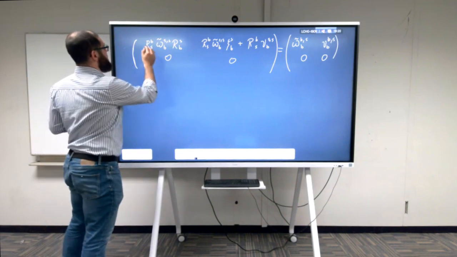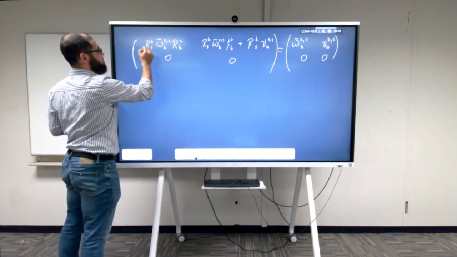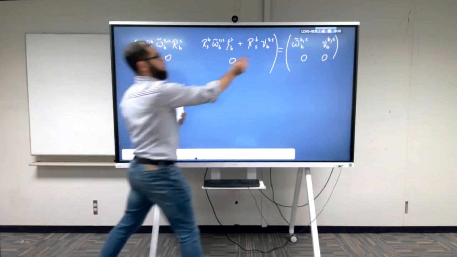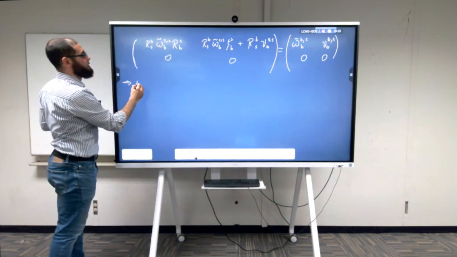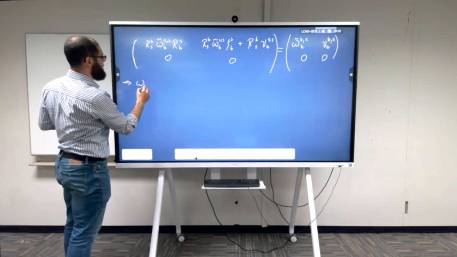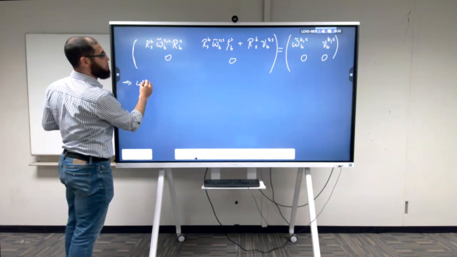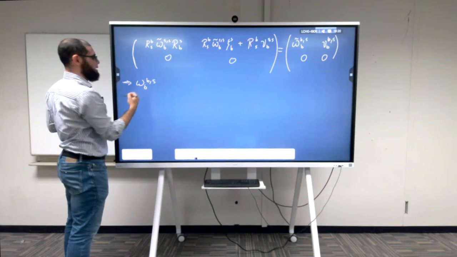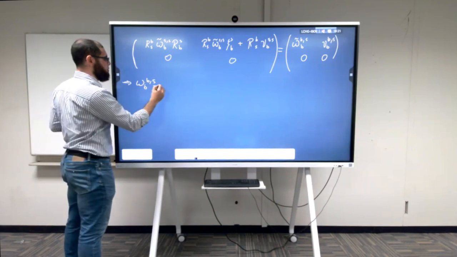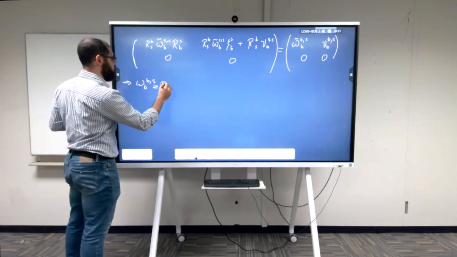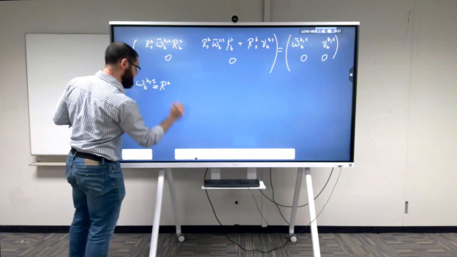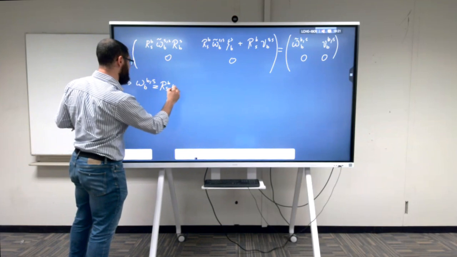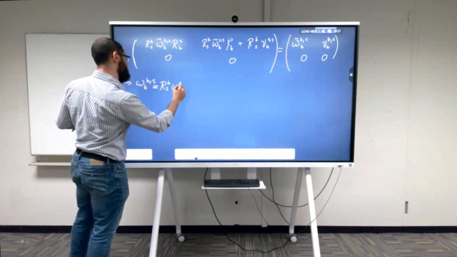You remember when we said that this expression equal to that expression, what does this imply? It implies that omega B with respect to S seen from the B frame is equal to RBS omega SBS.